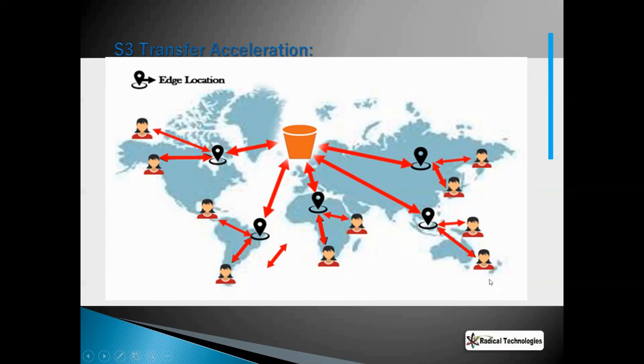So what the user can do is upload the data to a nearby edge location, and from that edge location, the Amazon backbone network, which is performance optimized, will upload your data to the S3 bucket.